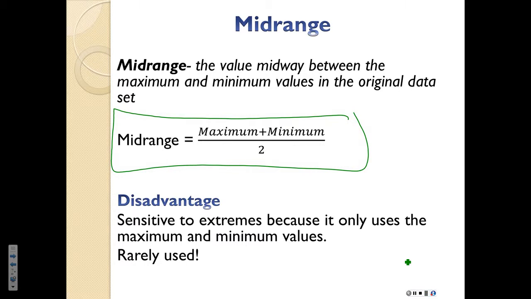I will just say this, mid-range is not normally used as much because this only takes into effect your max and min values, right? That can be pretty extreme. So it is a measure of center, but it's probably not as popular as the other 3. So mid-range: max plus min, and you divide by 2.